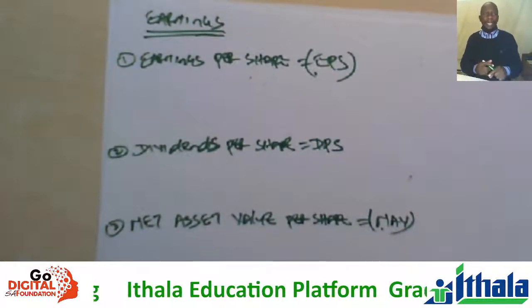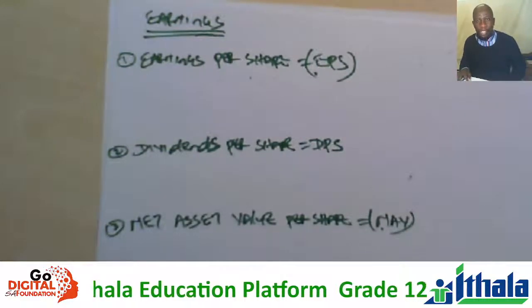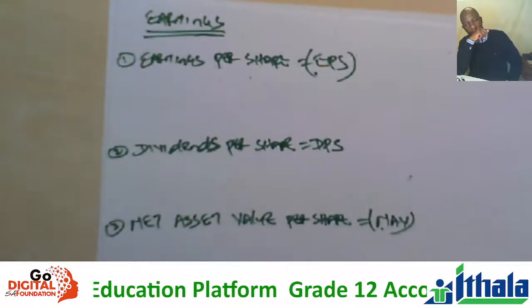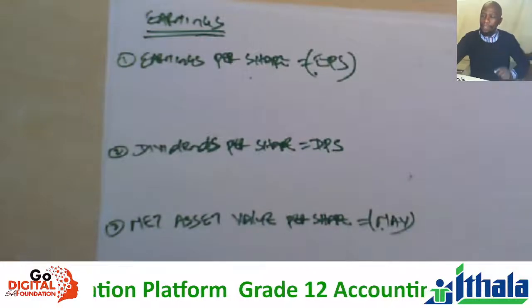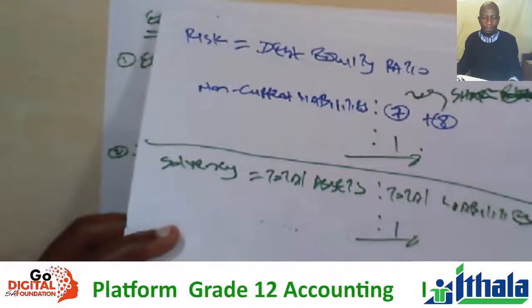Okay, these are the earnings, grade 12. These are the ratios. If the question is saying comment about the earnings, these are the earnings. If the question is to comment about the risk, this is the risk, the debt equity ratio.